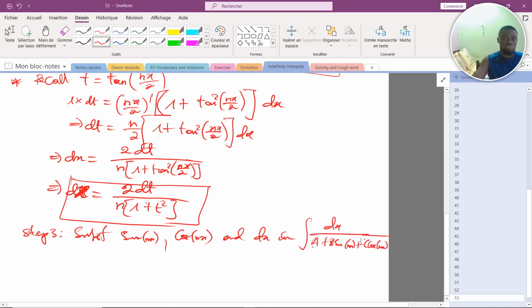So you substitute it inside here and integrate the results.